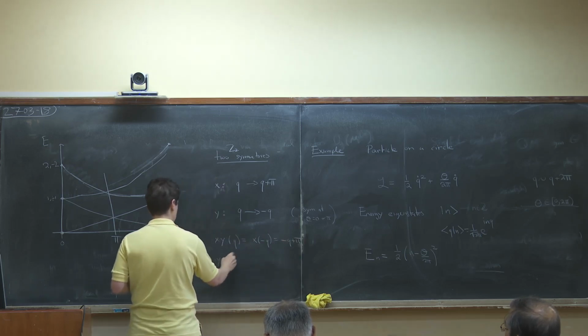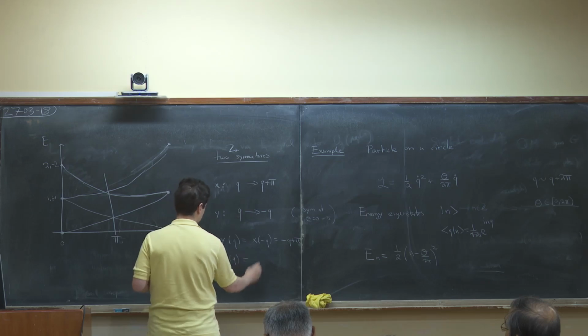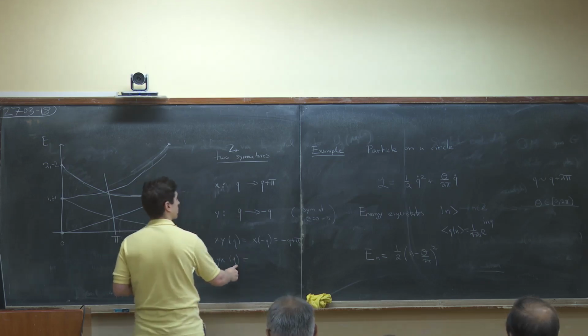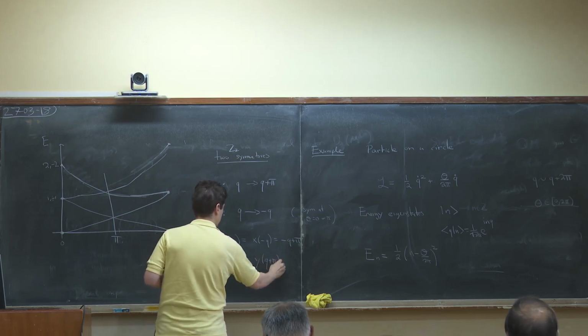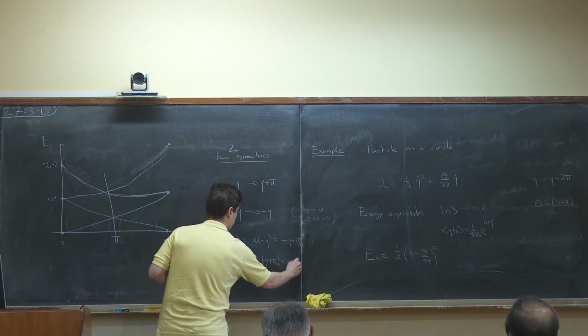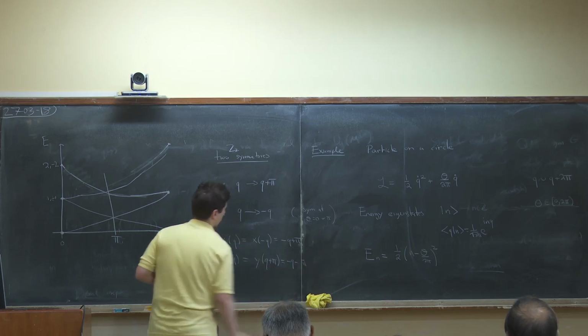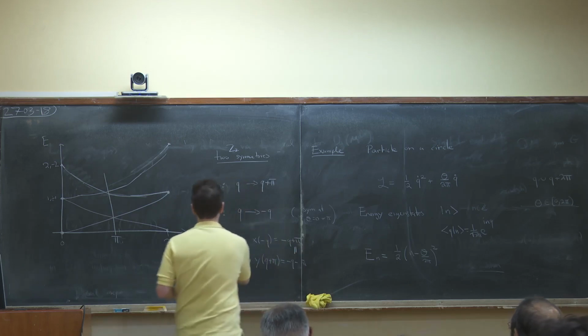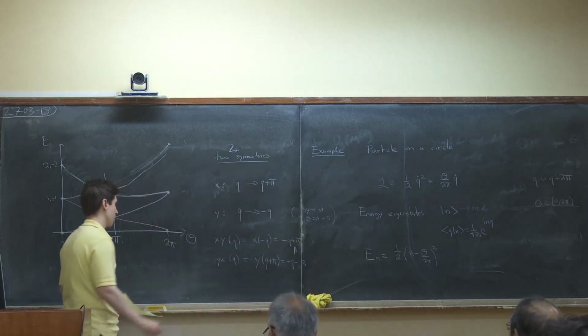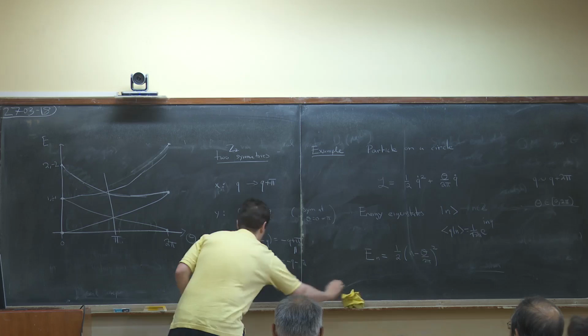And YX on Q is Y on Q plus pi, which is minus Q minus pi. And again, because of the identification, these are equal. So XY is YX.